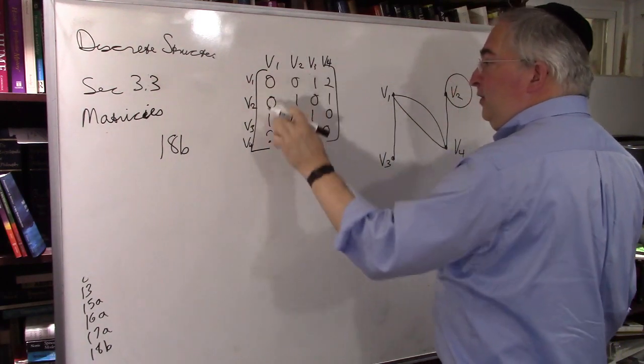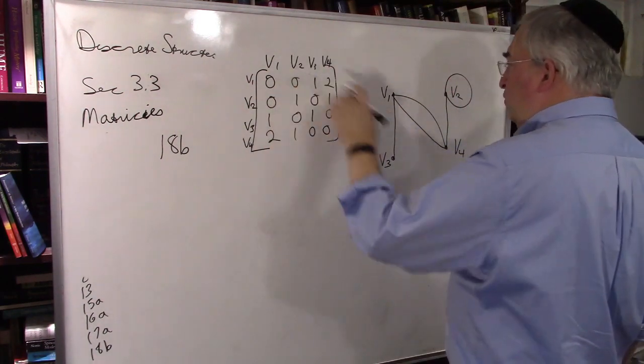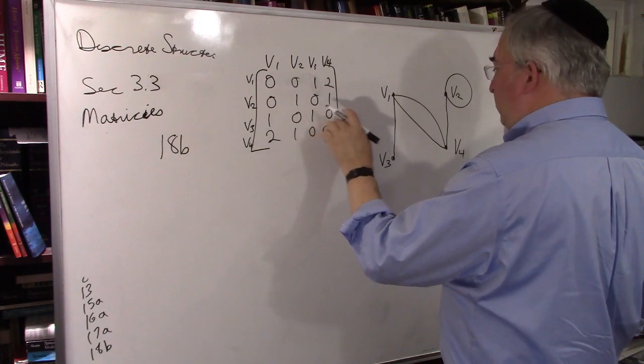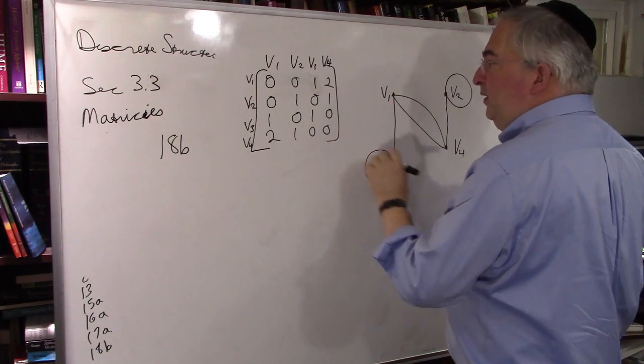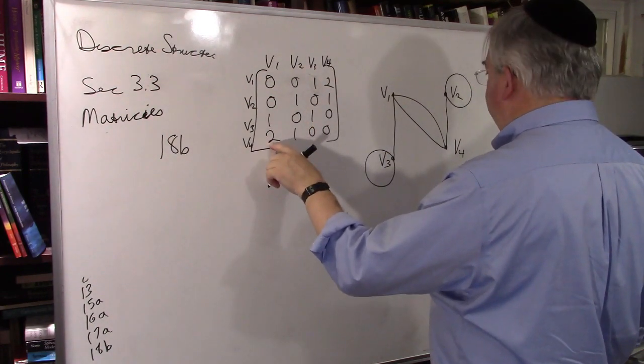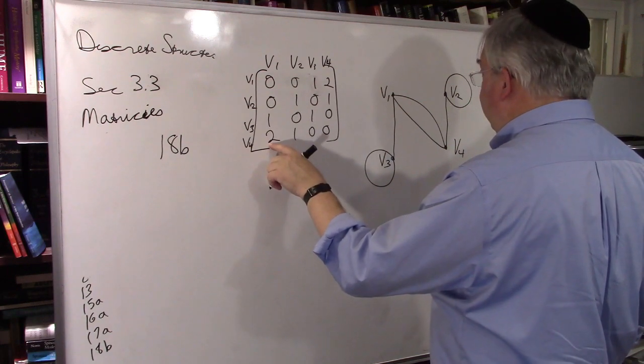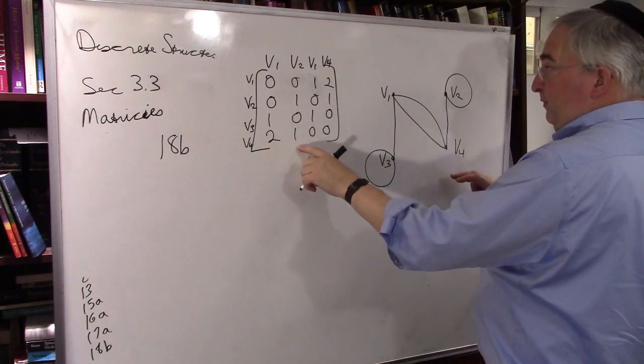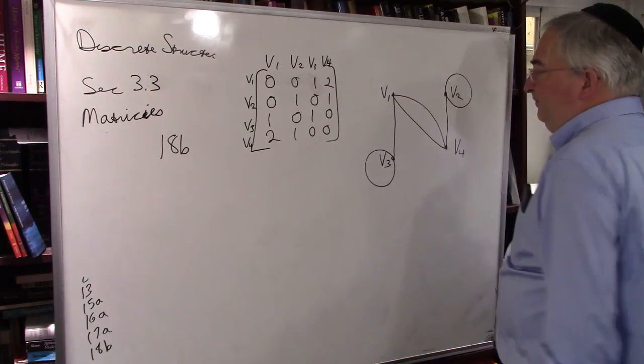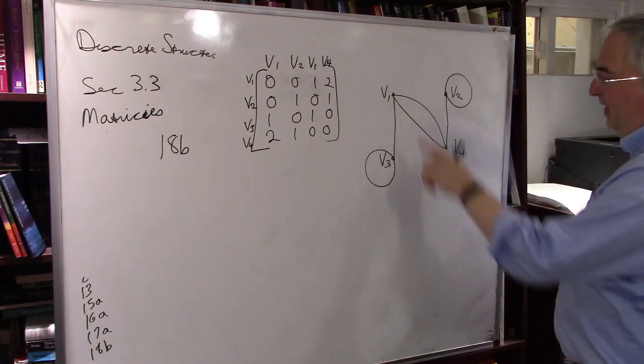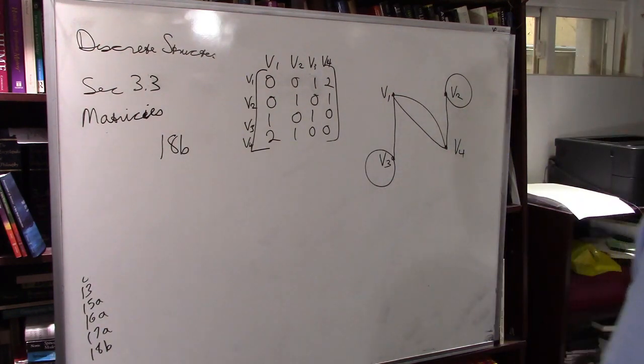From 3 to 1, we got 1. From 3 to 3, we get 1. From 4 to 1, we have 2. From 4 to 2, we have 1. That's it. Okay, that's N for my first name.